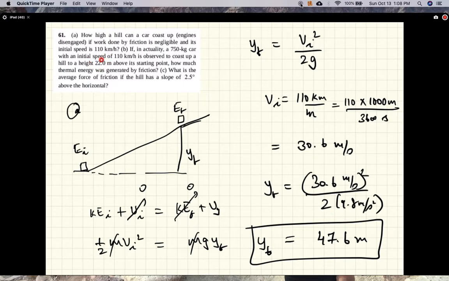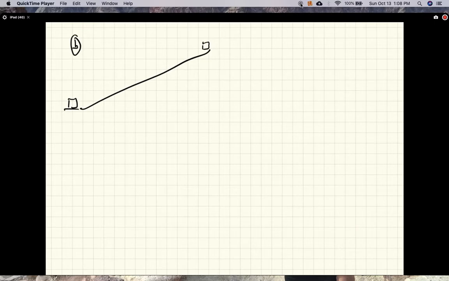But in actuality, it only rose up 22 meters. And so we want to calculate how much thermal energy was generated by friction. So we have to calculate how much work friction did.